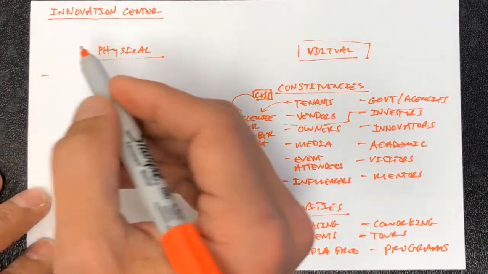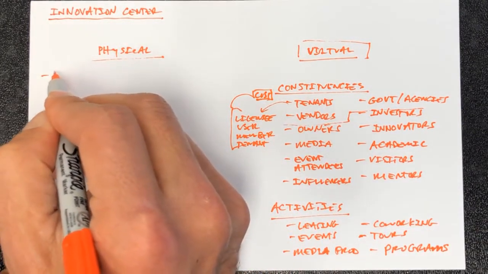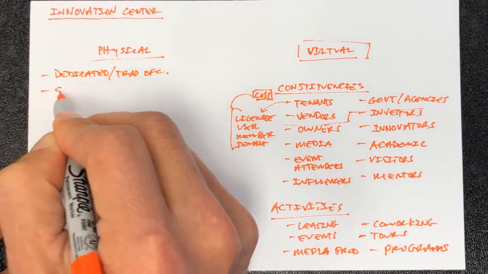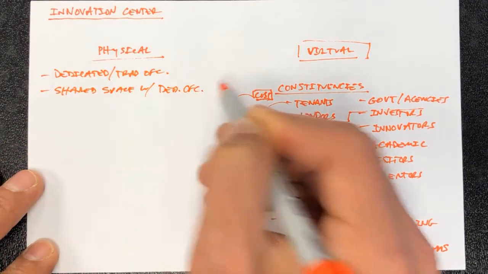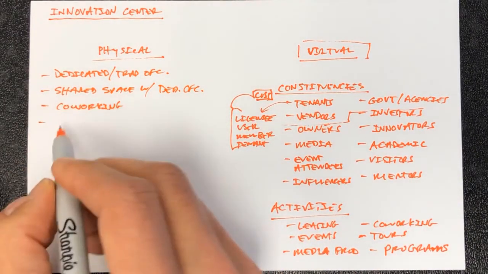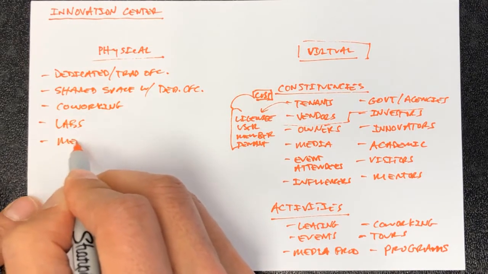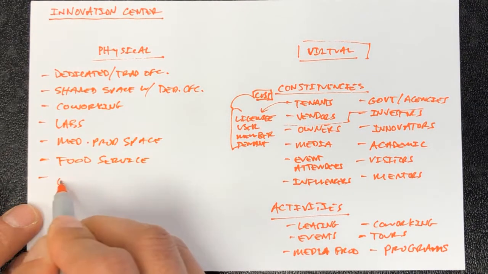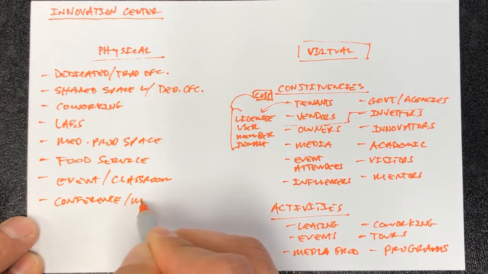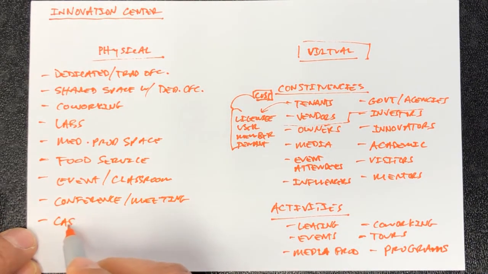On the physical side, we obviously have dedicated space. Think of this as traditional office, but we also have shared space with dedicated office. This is work style. We'll have true co-working. There are labs, media production space, food service, event or classroom space, maybe conference or meeting facilities, casual space, shared.